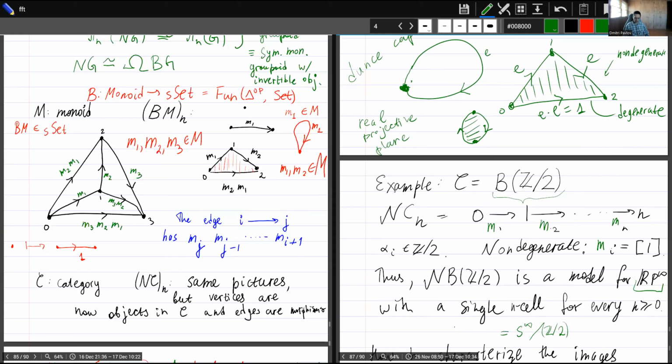And the result will be RP infinity, the infinite dimensional projective space. So we see that the classifying space construction is fairly powerful.